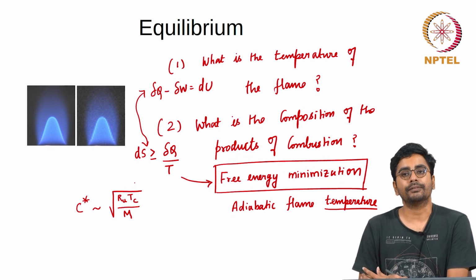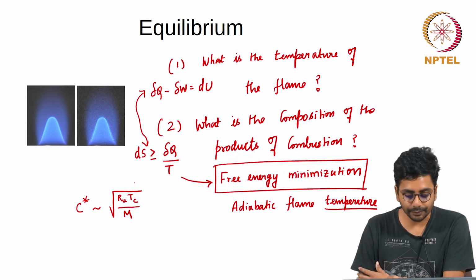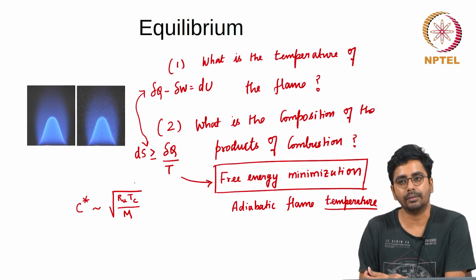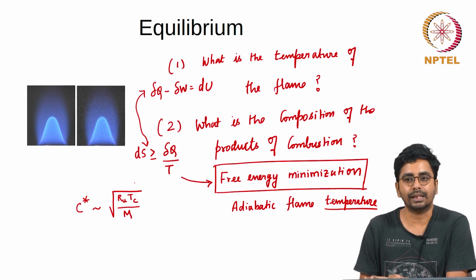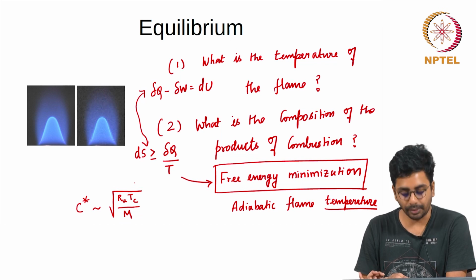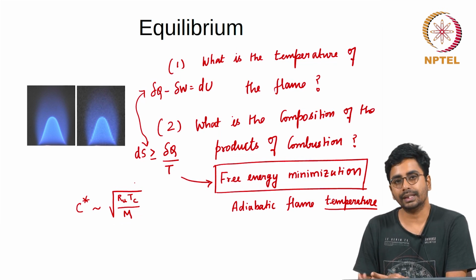We saw in the case of hydrocarbon oxygen mixtures, typically the maximum flame temperature and maximum C star points will occur close to stoichiometry, but there are important exceptions.